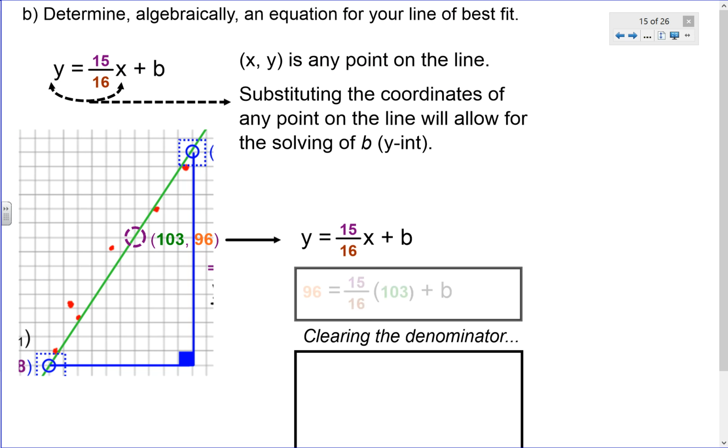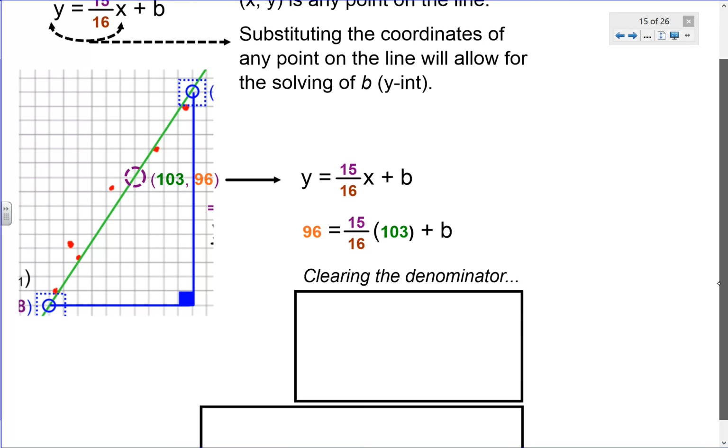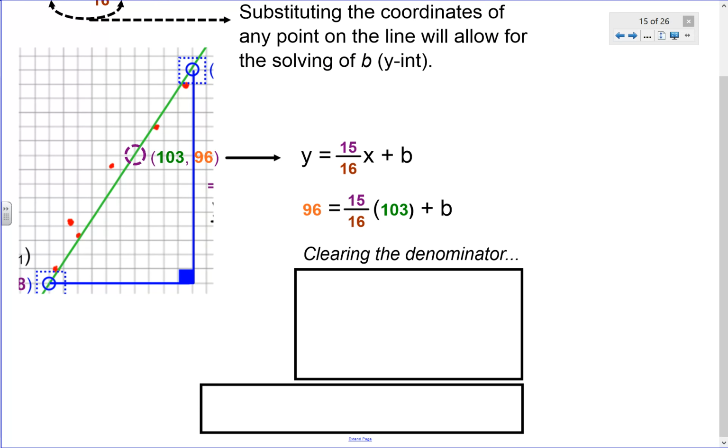So what I'll do is substitute those values in. You can see by color code where those particular values are going. Next, we'll want to clear the denominator, meaning we're going to clear that 16, or division by 16.